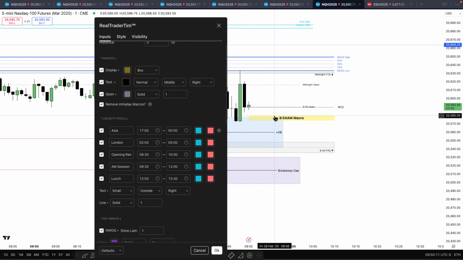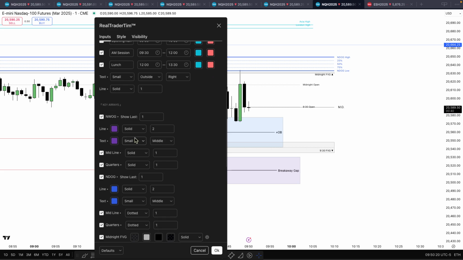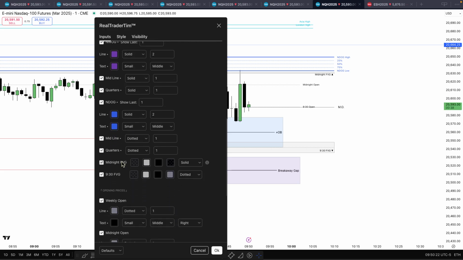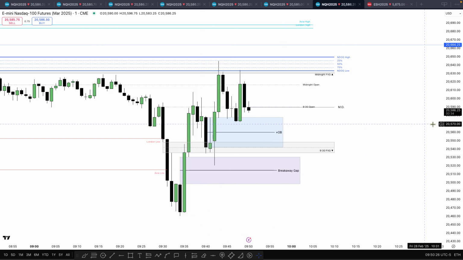So this is easy too. Like if it's ever blocky like this, I can take off the display and like 9:30 open since they're overlapping.